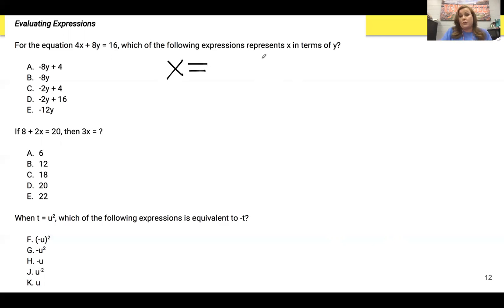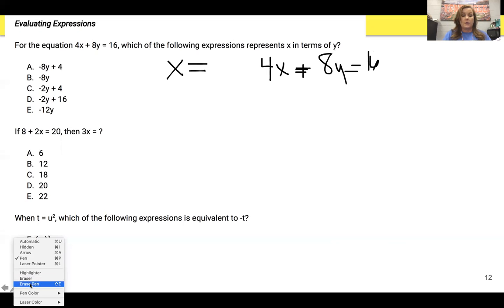Okay, that's what you're doing. Same thing you've been doing in algebra. So you have 4x plus 8y equals 16. So what you're wanting to do is you're wanting to isolate this x here. You want to get it by itself.